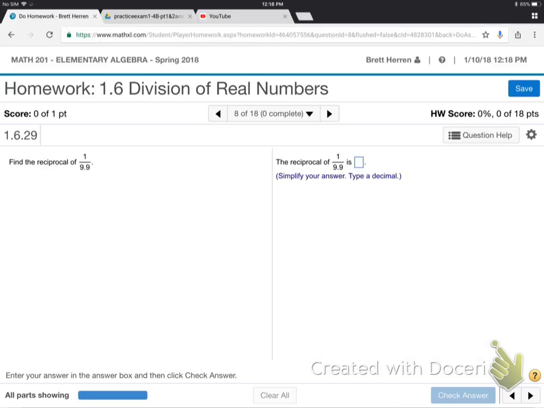Good, okay. So here we have the reciprocal of 1 over 9.9. What's the reciprocal of 1 over 9.9? It's just 9.9, isn't it? Because that means over 1. I'm not going to write that.